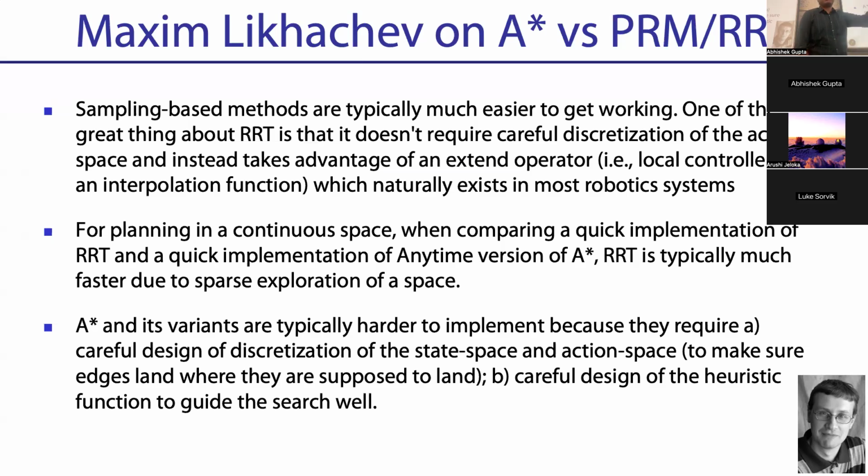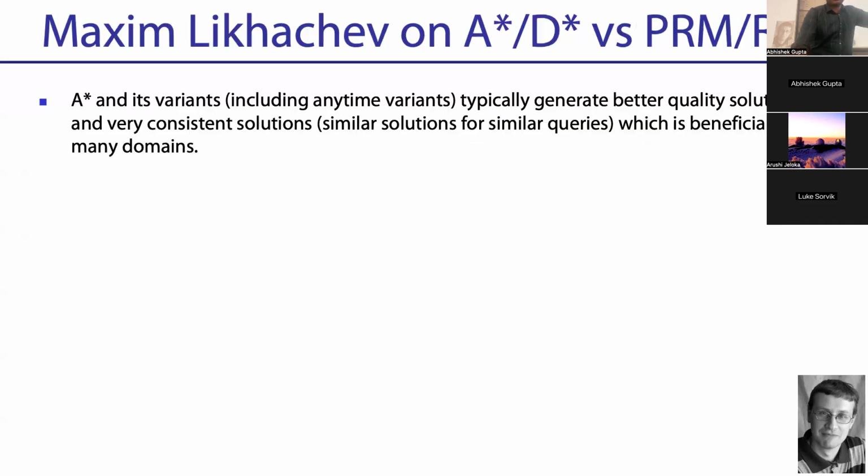You don't have to be very careful about the space. It's often much more compute efficient, and it often doesn't need to solve this two-point boundary value problem. And so he recommends in a continuous problem, try to use RRT or RRT star. And in most cases, you can avoid designing heuristics.